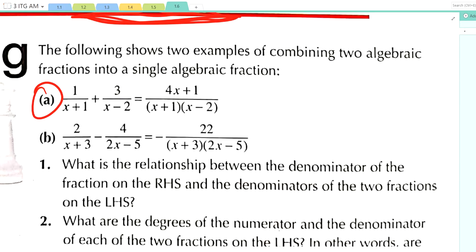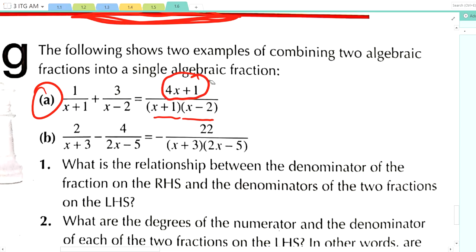When you combine them together, we get another fraction on the right side. This time, the denominator looks like this, x plus 1 times x minus 2. These two are different factors. And look at the numerator, we end up with 4x plus 1.